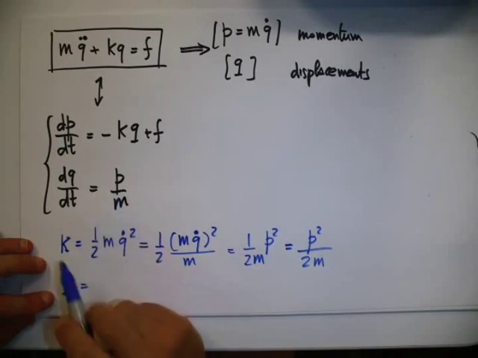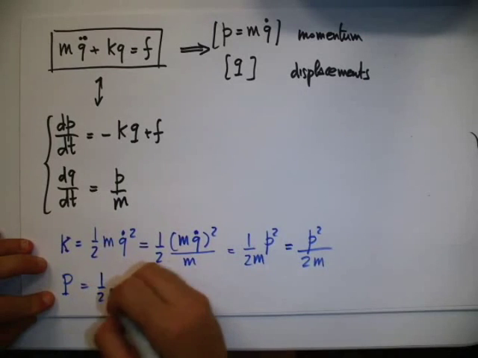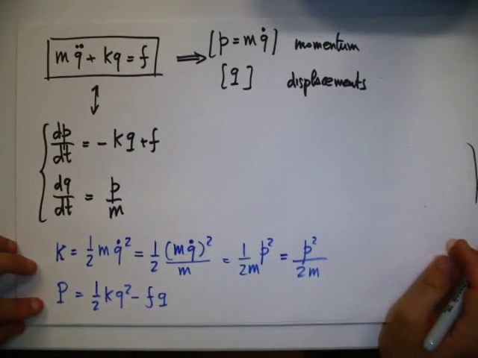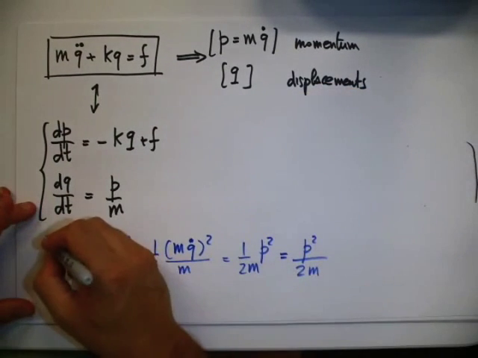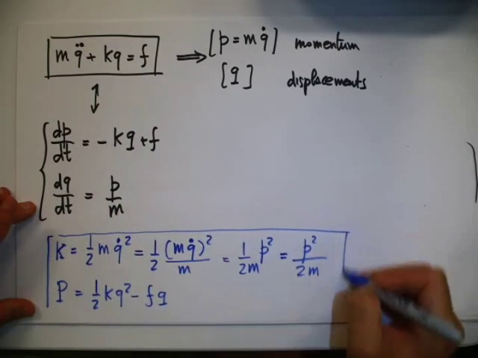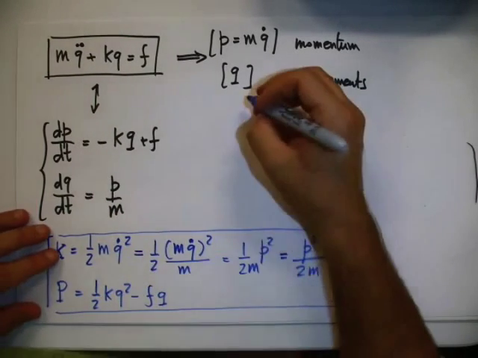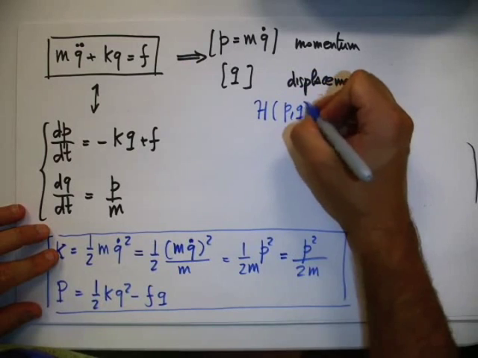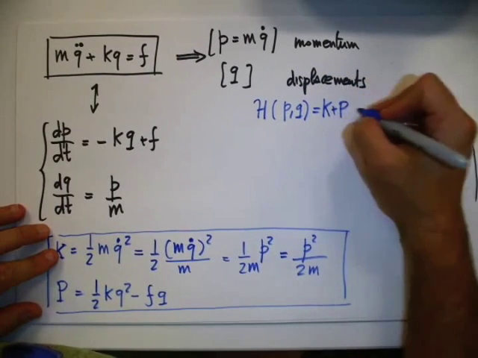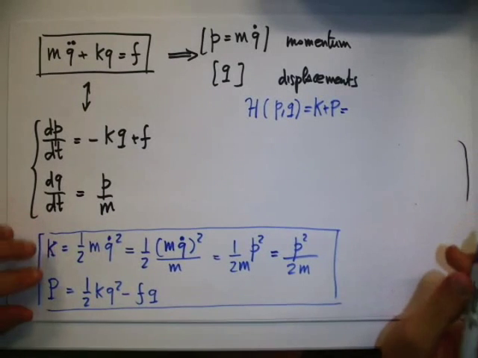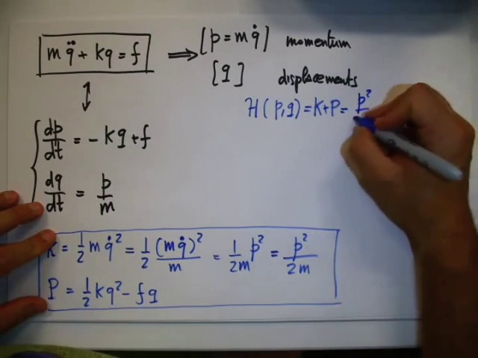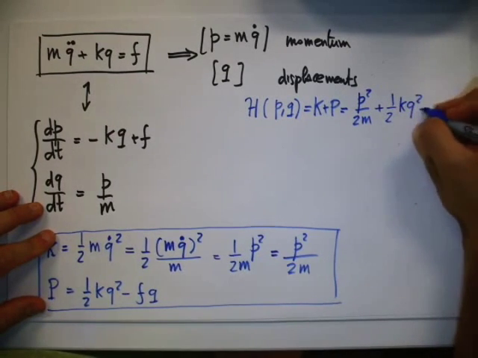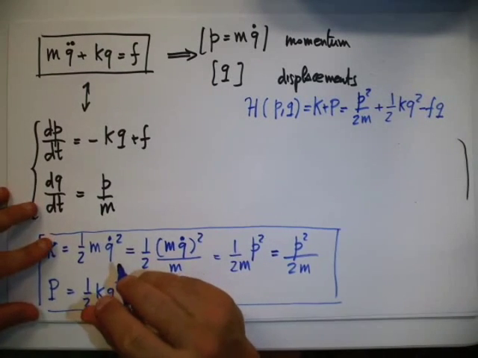And the potential energy is simply a function of q, and is equal to 1/2 k q squared minus f q. Based on this, I can define the total energy, which I'm going to call H, which will depend upon p and q, as K plus P, which is equal to p squared divided by 2m plus 1/2 k q squared minus f q.